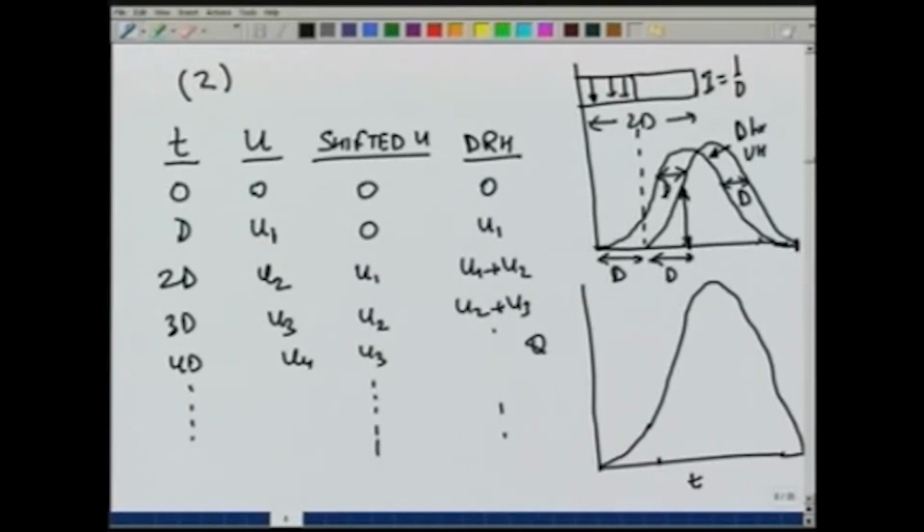This was for the case when the intensity of rain was constant and was equal to 1 over D. If we have a different intensity, then we can accordingly multiply the UH ordinates by the intensity.